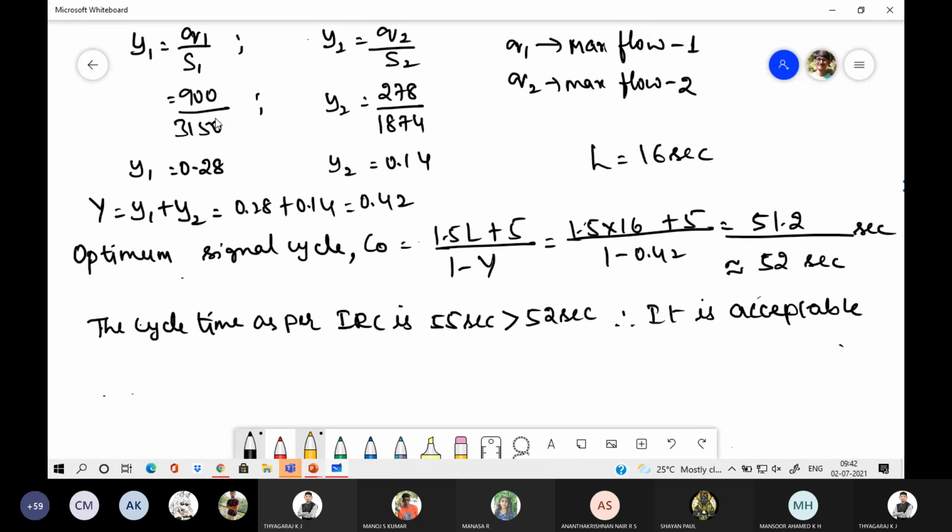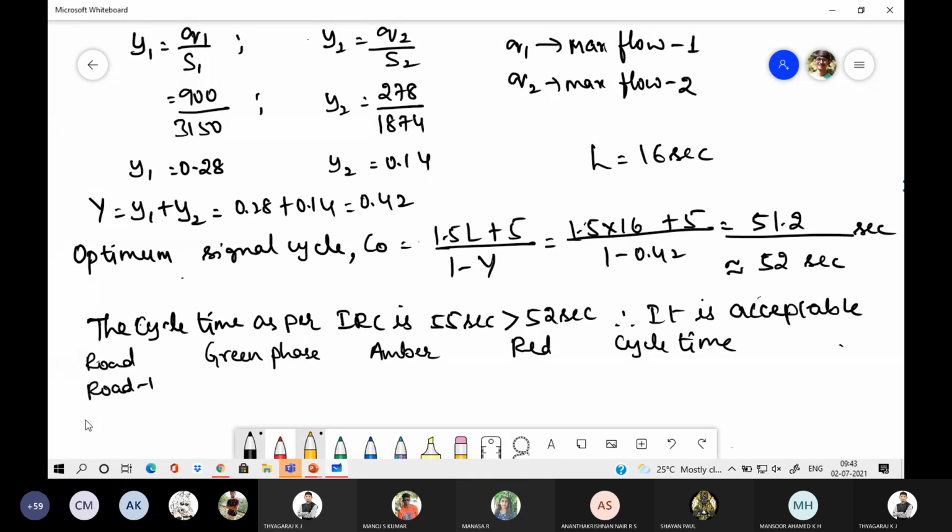Now we have to write the tabular column here for road, green phase, amber, red, and cycle time, for road 1 and road 2.